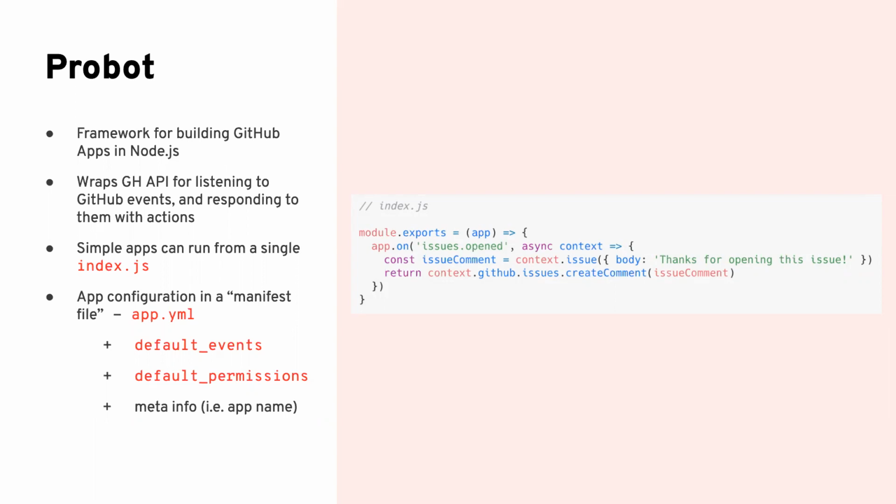This is the one that we're actually going to deploy. It listens on the repository it's been installed on for new issues that have been opened. And when it detects that an issue has been opened on that repository, it will deliver a comment in that issue thread, just with this small chunk of code here.